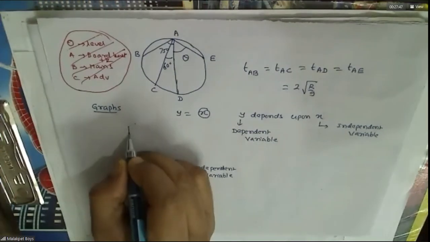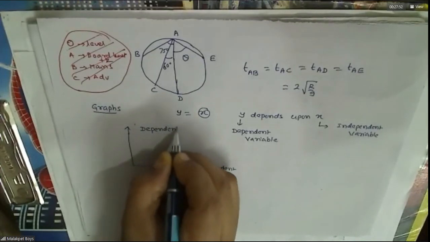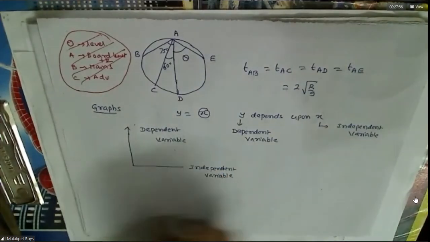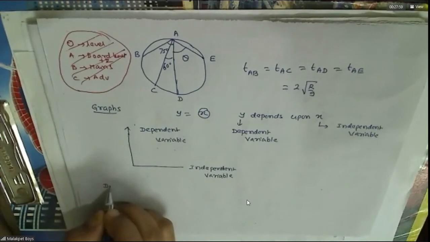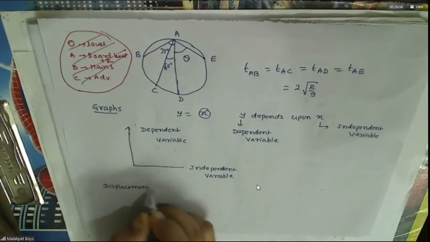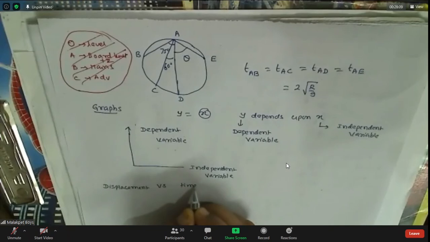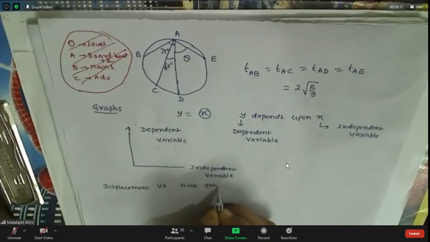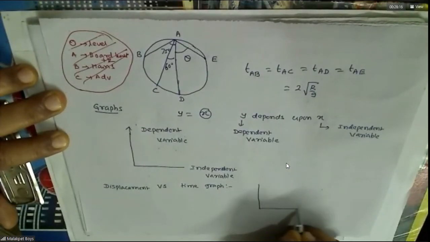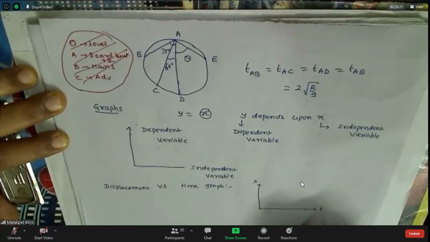For example, we take a displacement versus time graph. That means how displacement varies with time. You have seen that this is the displacement, this is the time.